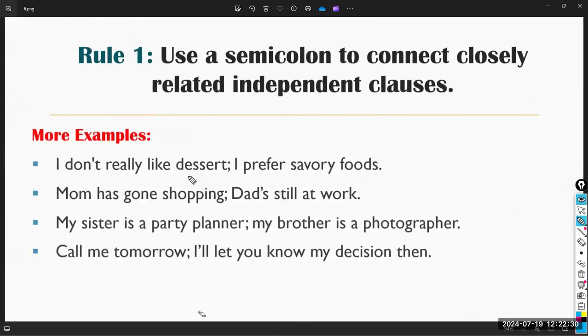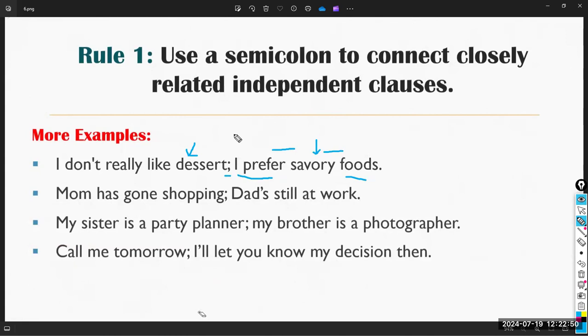Now we have more examples. So notice: I don't really like dessert. This is the independent clause. I prefer savory foods, salty foods. This is the second independent clause, and I joined them using a semicolon.